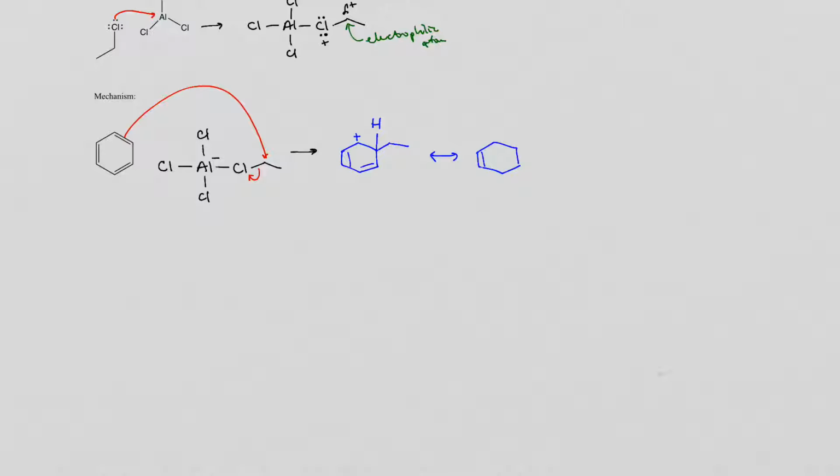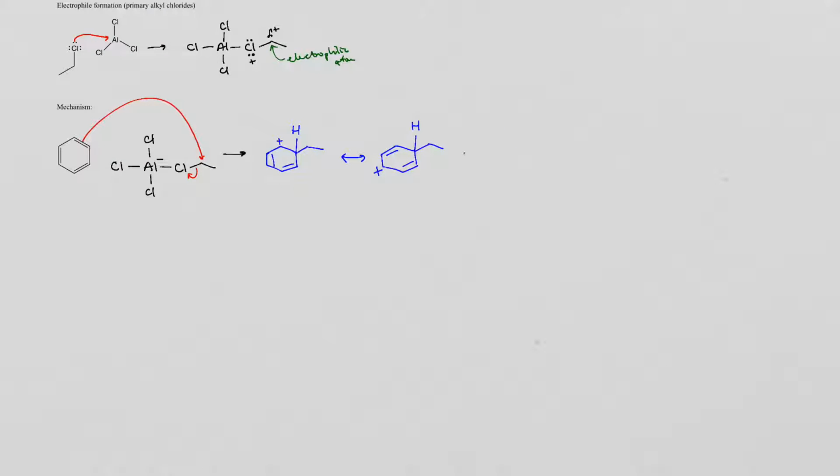For this, we will delocalize that positive charge across, sorry, my bad, right there. Don't forget to draw in that hydrogen. Really, really important to show that that's there, not a plus. Resonance arrow, yes.